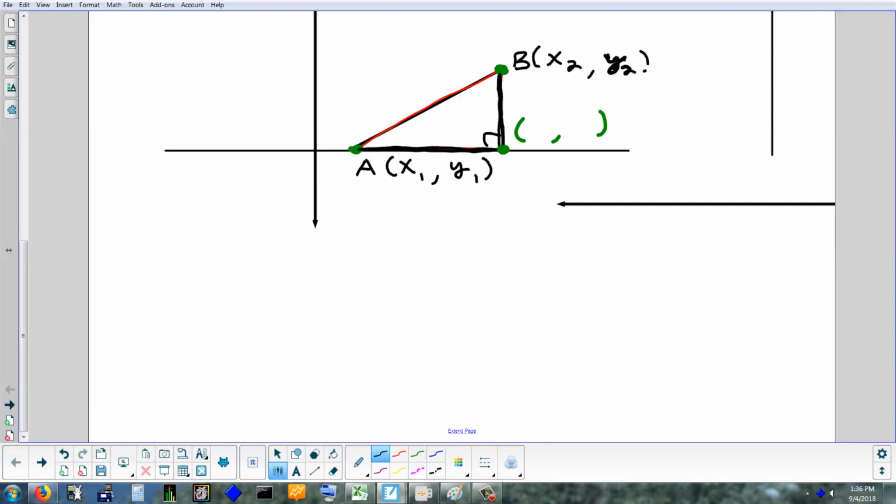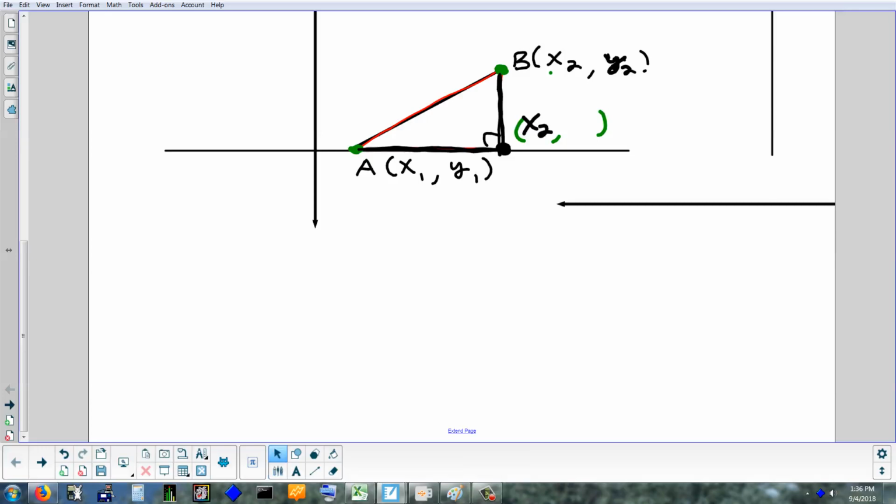What's the x value of that dot? I just made it black. But what's the x value of that dot? How far to the right is it? We don't have a number for it, but we do have a label for it. Yep? It would be x2. How do we know it? Because B is directly above it. Any 2 points that line up vertically have exactly the same x value. So that's x2.